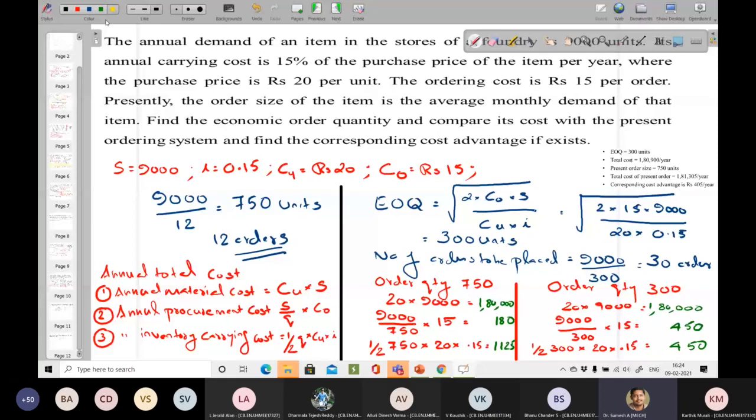So in this case, the total cost summation, so here I am writing, the total cost is rupees 1,80,900 if they follow EOQ. That is the summation of all these three.